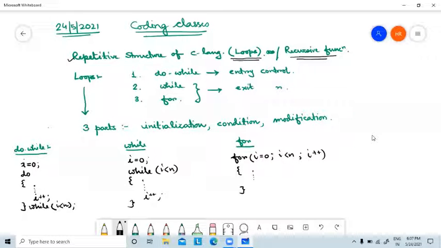Now, whether I should use some loop condition or I should use some function, that depends on the relation in the repetitive structure. If the repetitive structure has some relation, then we definitely go for a loop structure.